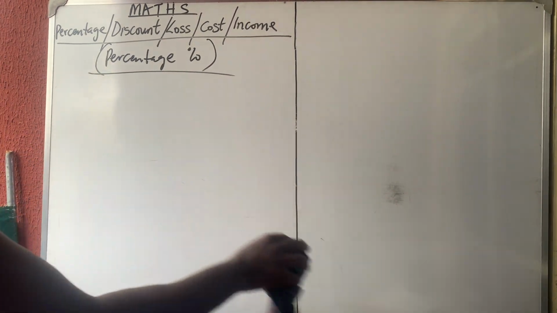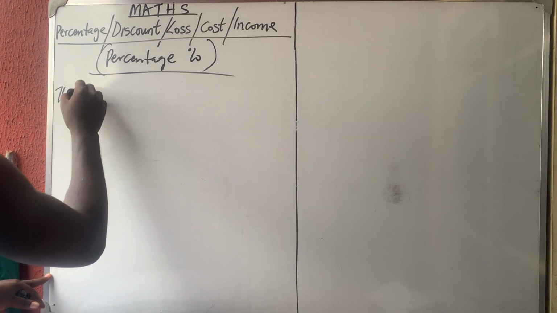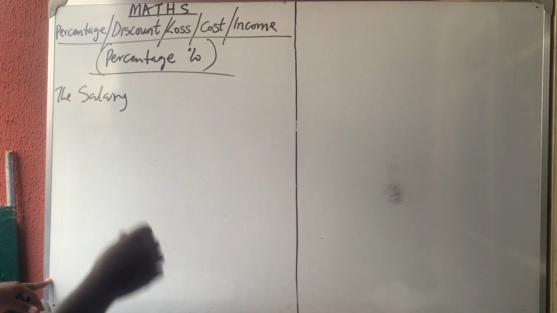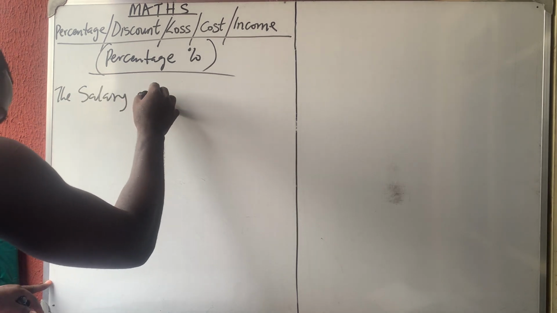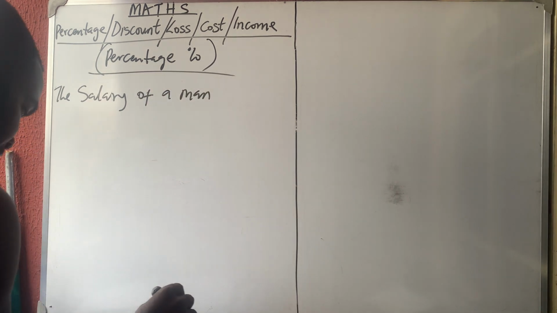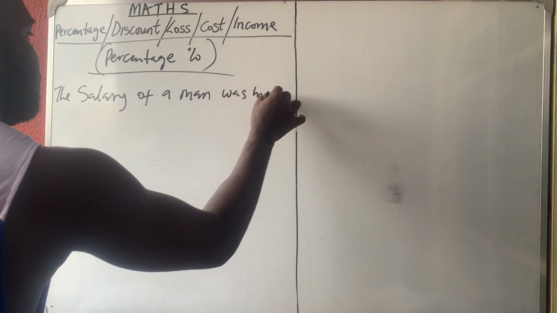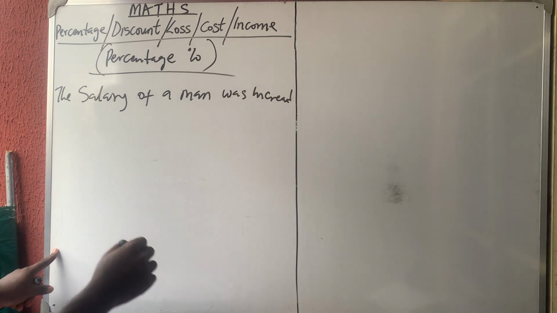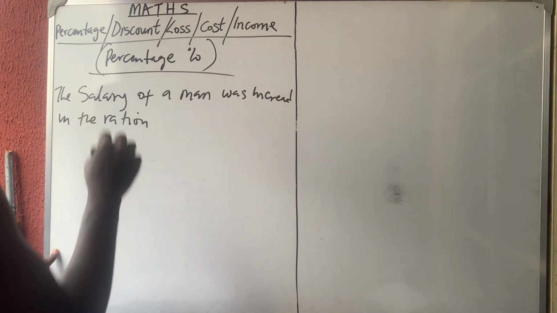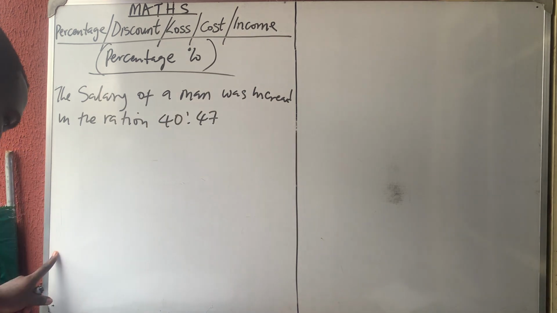All right, so the next one is the salary. The salary of a man was increased in the ratio of 40 is to 47.